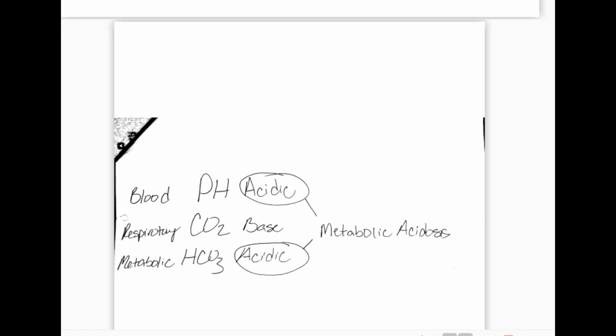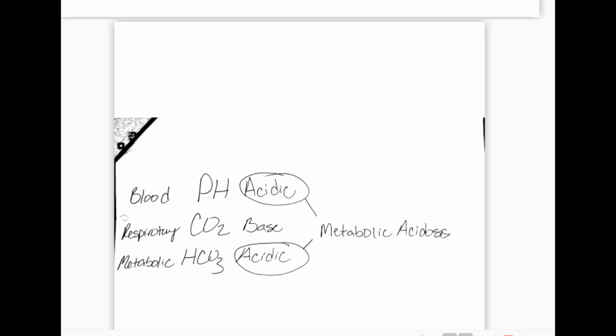So bicarbonate being acidic, it matches my pH. They match. It has to match for you to be able to say it's metabolic acidosis or respiratory acidosis. So that is the key point.